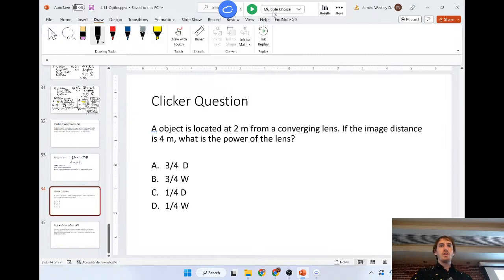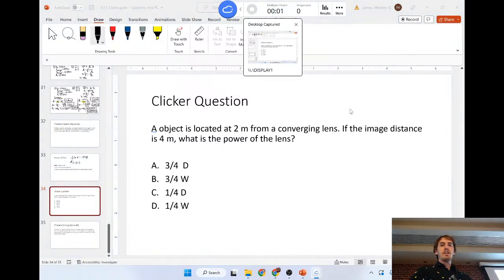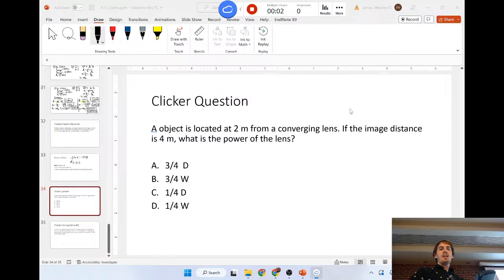All right, an object is located at 2 meters from a converging lens. If the image distance is 4 meters, what is the power of the lens? Three-fourths D, that's diopters, 3/4 watts, 1/4 D, 1/4 watts.